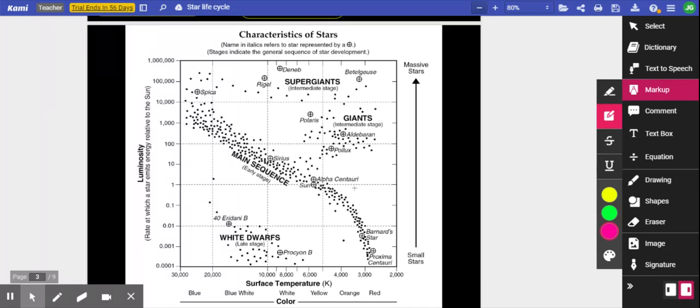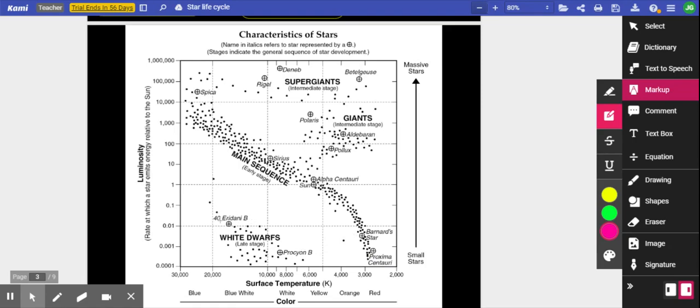So all the stars on this table above the sun are brighter than the sun. All the stars underneath the sun in this table are dimmer than the sun.